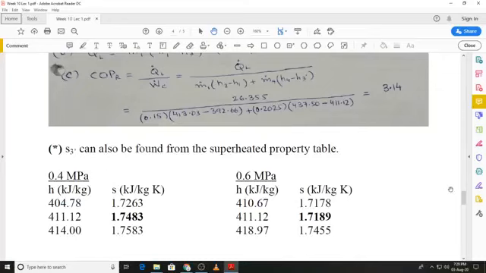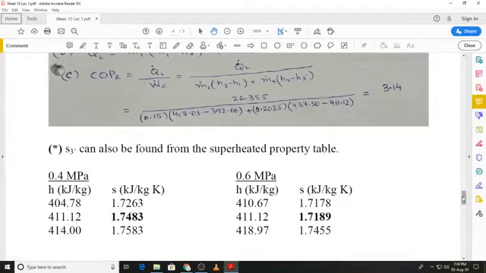Again, keep in mind that state 3 prime is at an intermediate pressure of 0.45 megapascal, and we do not have that value in the superheated property table, but we have values lower and higher than that. So we can look at those pressures, that is 0.4 megapascal, and try to find out the entropy at 411.12 kilojoule per kilogram.